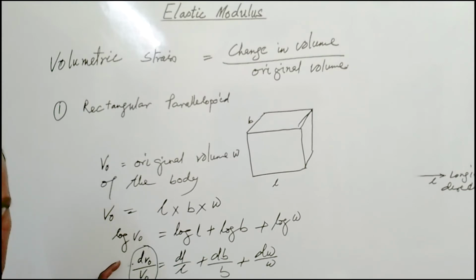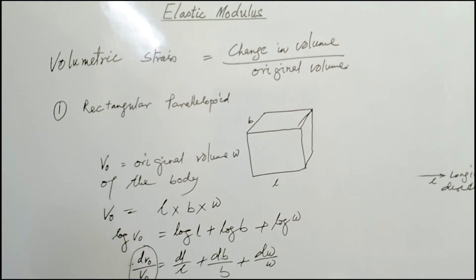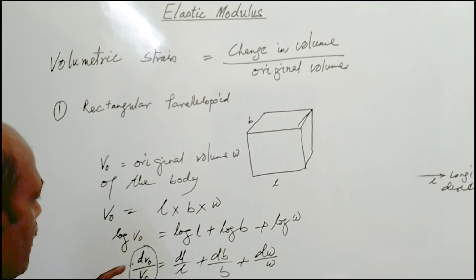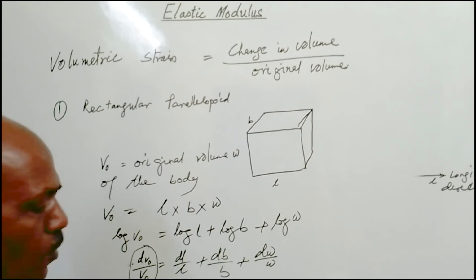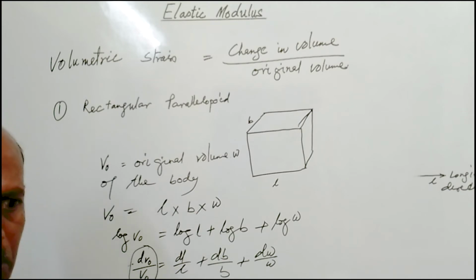Because of the load acting over the body, the change in volume is dV0 over a volume of V0. So dV0 to V0 is the volumetric strain.